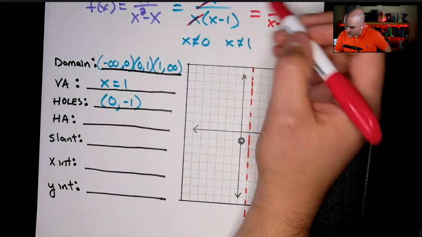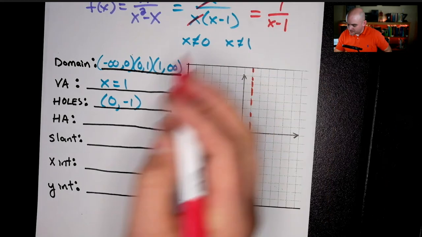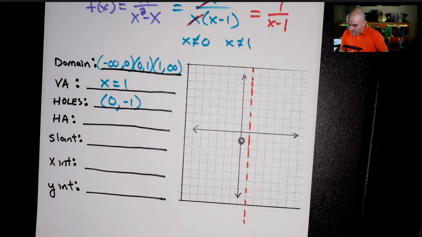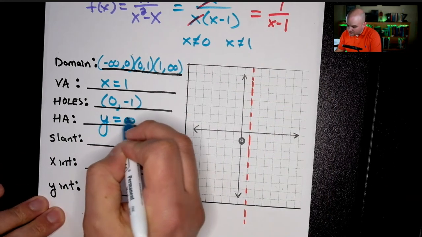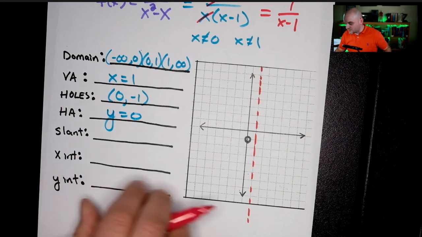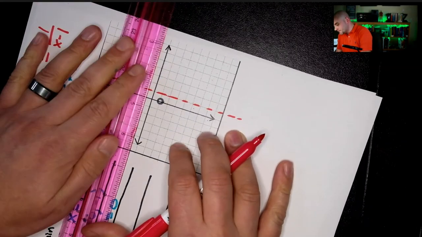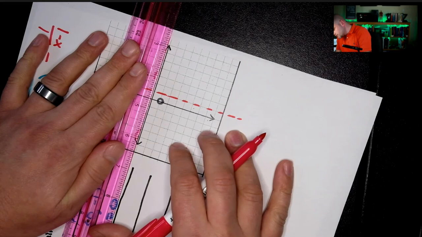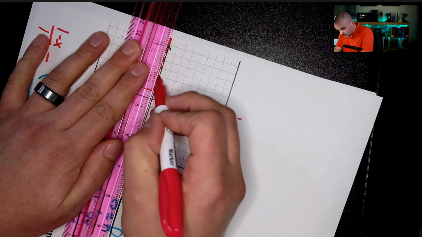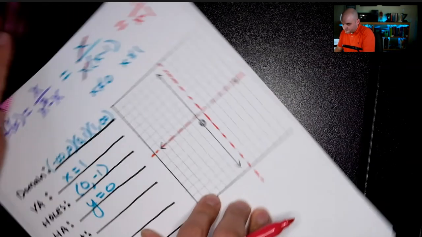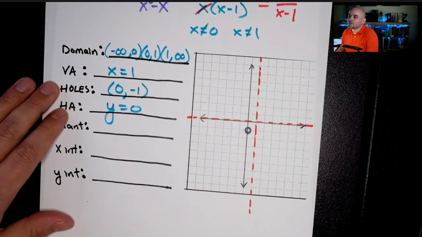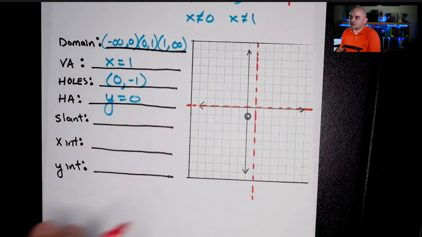Let's see, the degree of the numerator is less than the denominator. So we have a horizontal one here when y is equal to 0. Let's graph that so we don't forget.